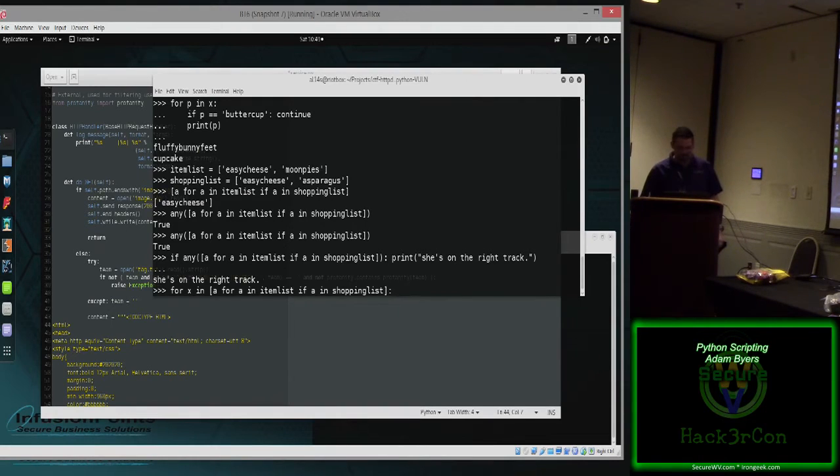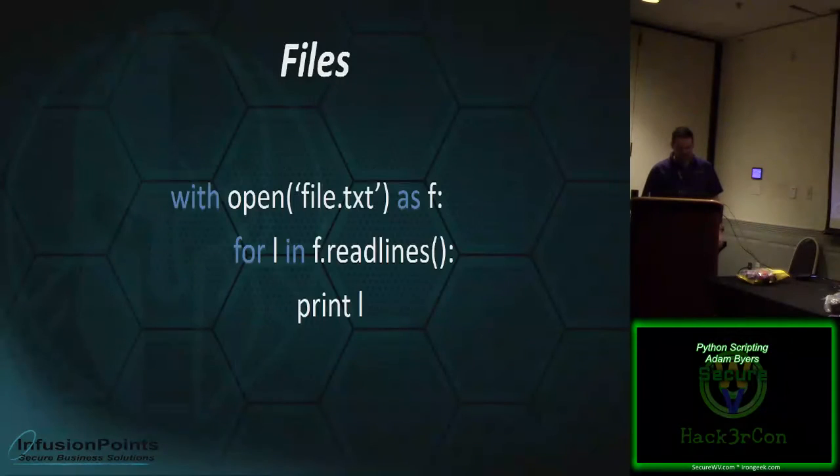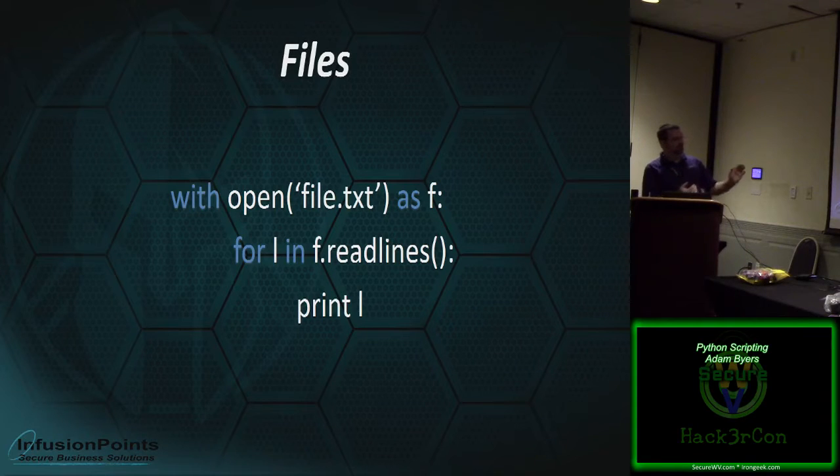All right. So with files, like I said, it's either working with APIs or parsing data. And since we do a lot of pen testing, there's evaluation of gathered intelligence.